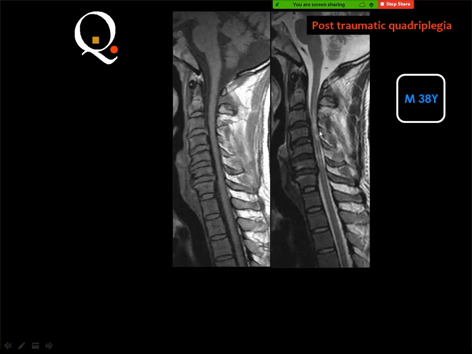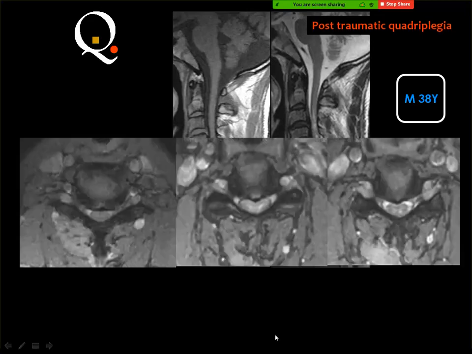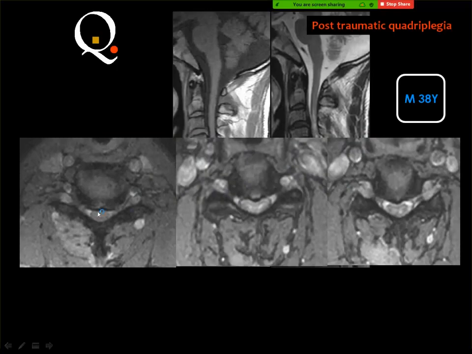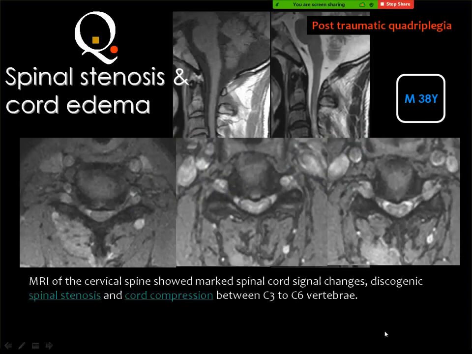And you can see that the spinal canal is very tight, together with these focal abnormalities, which are most likely due to cord edematous changes secondary to trauma. And the axial images showed the presence of multiple disc lesions that are also adding to more canal compromise.